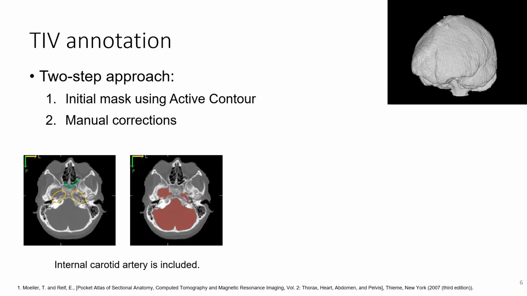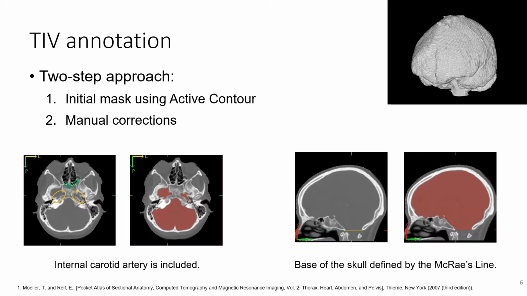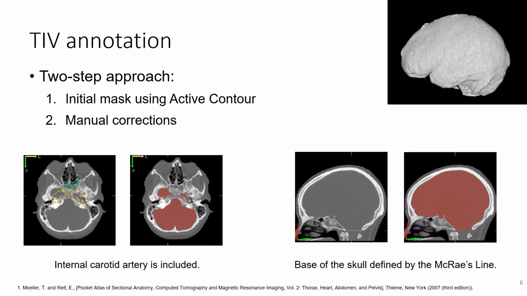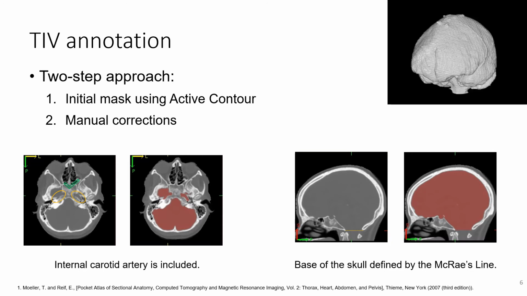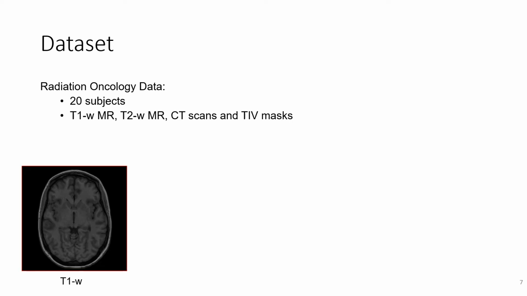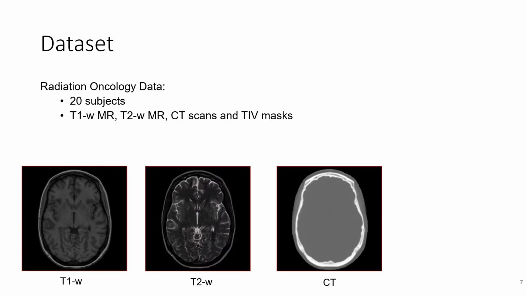As we move further, we find ourselves approaching the lower bound of our delineations, which have been defined by the McRae's line. On the top right, we show you an animation of our 3D total intracranial volume that has been annotated by us. Hence, this completes our entire dataset where all 20 subjects now have a T1, T2, CT, and a TIV mask.